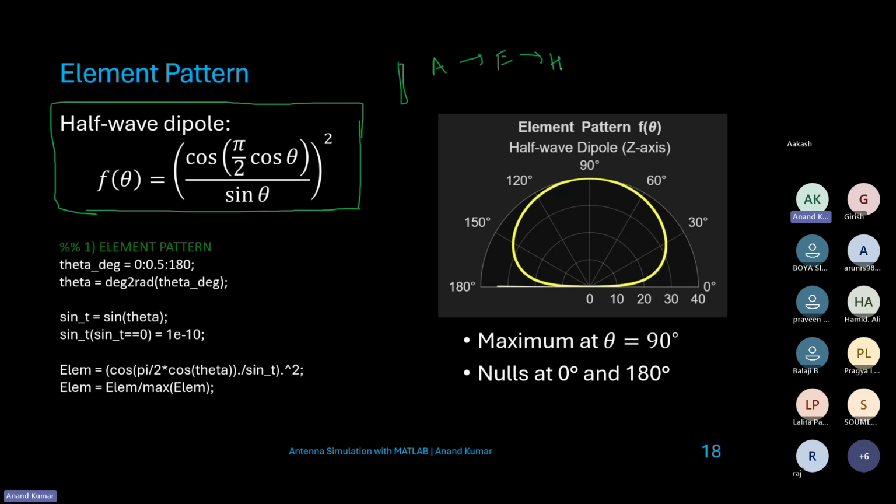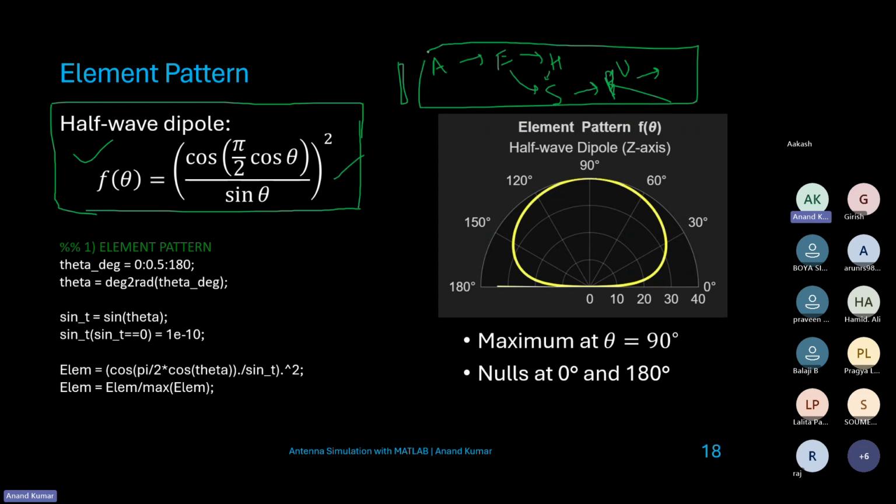The electric field gives you the magnetic field, and from both you get the Poynting vector, which gives you the radiation intensity, represented by U. The element pattern is when you write the radiation intensity and normalize it.